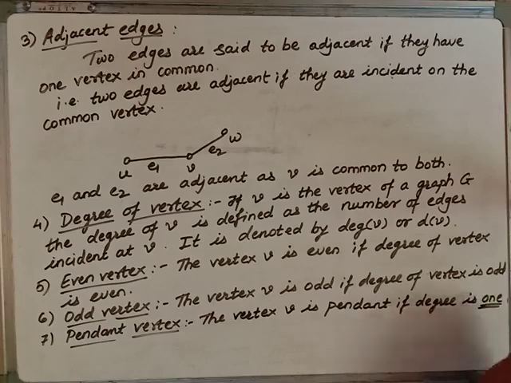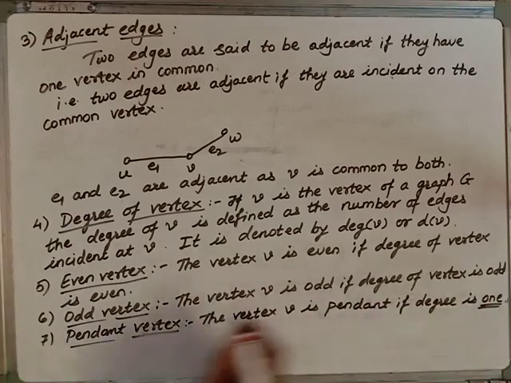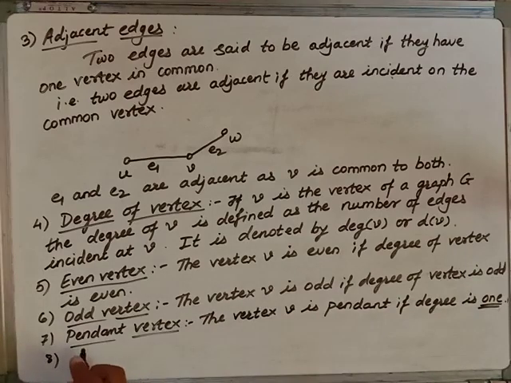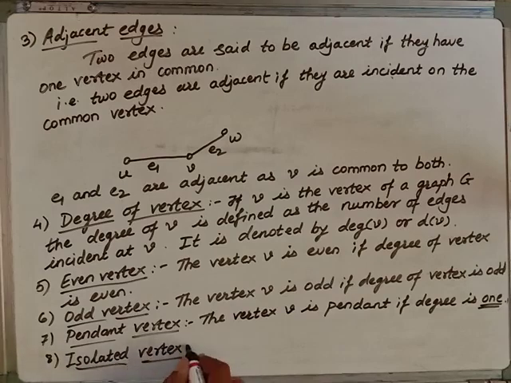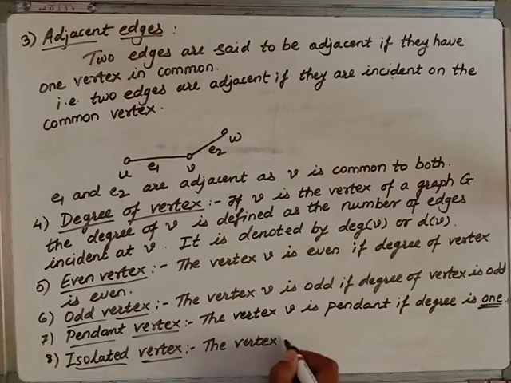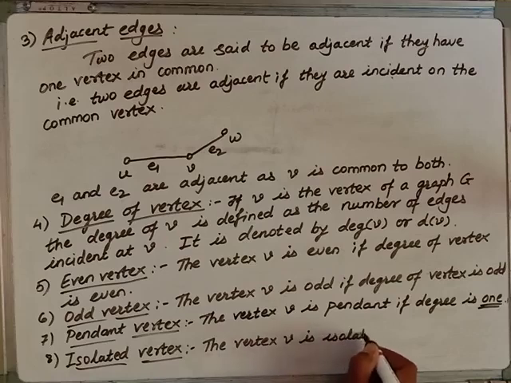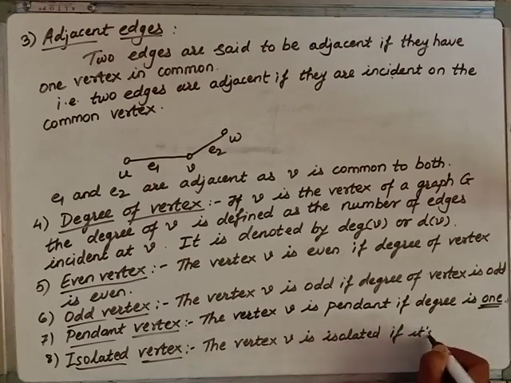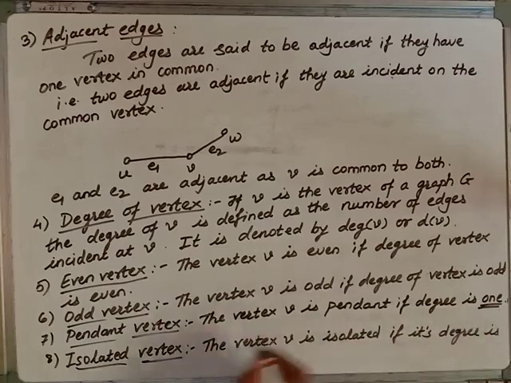If degree is 1, then it will be pendant vertex. Then next, isolated vertex. The vertex V is isolated if its degree is 0.